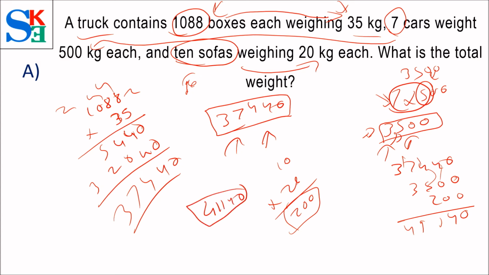That's my answer. What did I do? I just calculated the number by the weight, and I just added all the calculations, and I got my answer. Ta-da! Okay, so I hope you understood it.